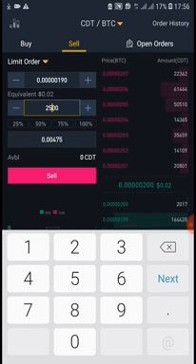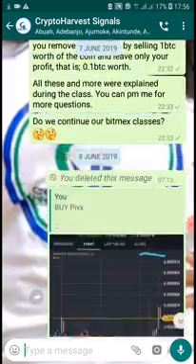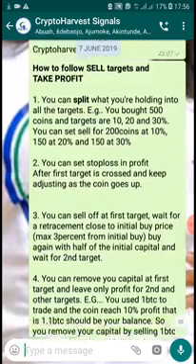So you can split the quantity you bought throughout these targets. It may get there, it may not get there, but whatever happens, you know that at some point you must have sold a lot to cover any loss that you might be expecting in the trade.